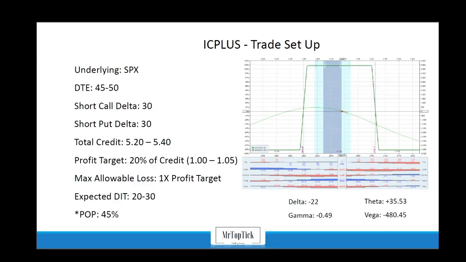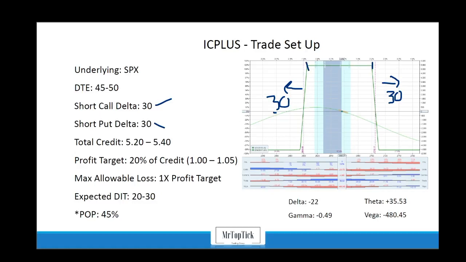And how do we get 45%? So if we're selling a 30 delta call and a 30 delta put, what that means is that there's a 30% chance that SPX is going to end above our short strike, and a 30% chance that it's going to end below our short strike.